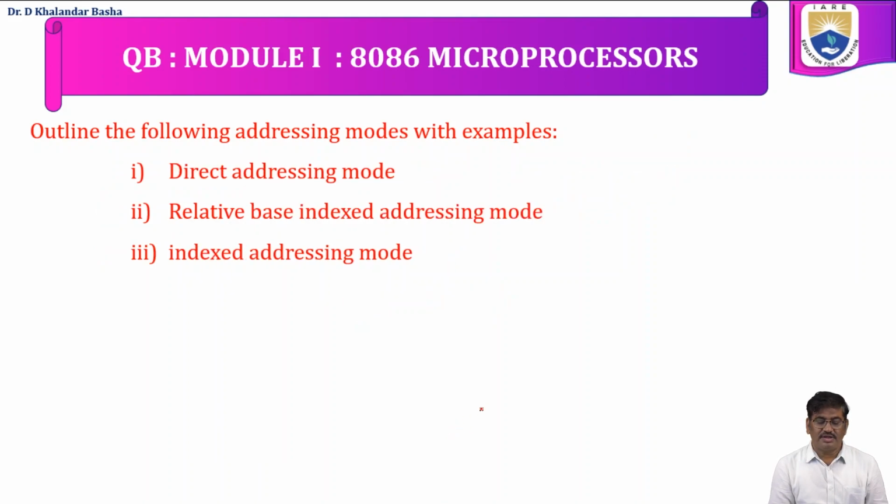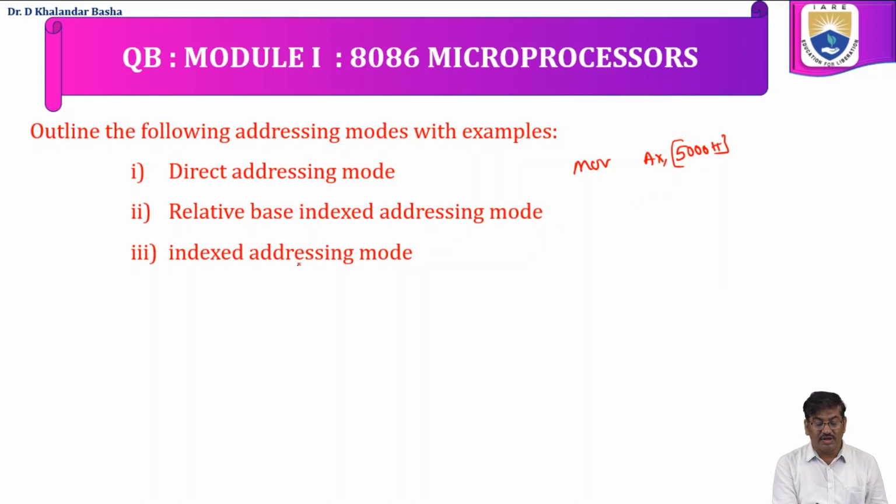Outline the following addressing modes with example. Direct addressing mode. Direct addressing mode means the address is directly specified in the instruction. Square braces indicate a memory location, so if the address is placed directly in the instruction, then it is called direct addressing mode. The next one is relative base indexed addressing mode.